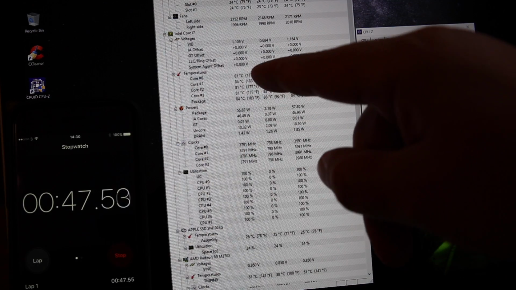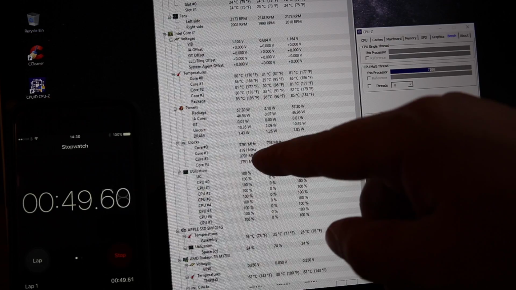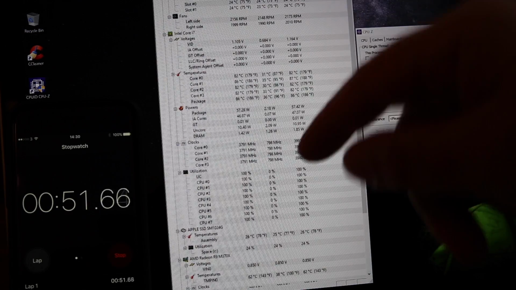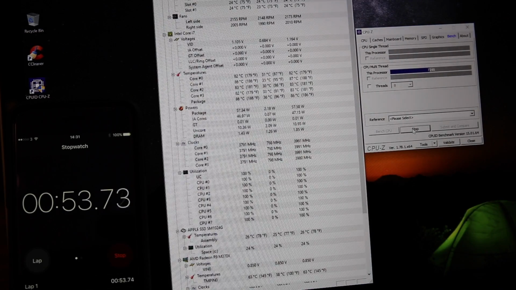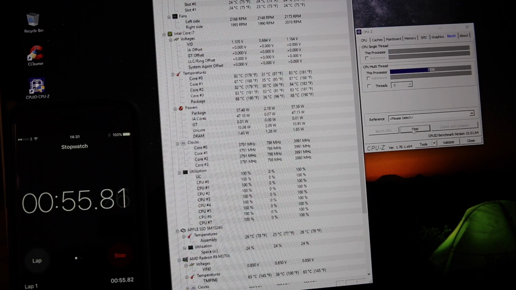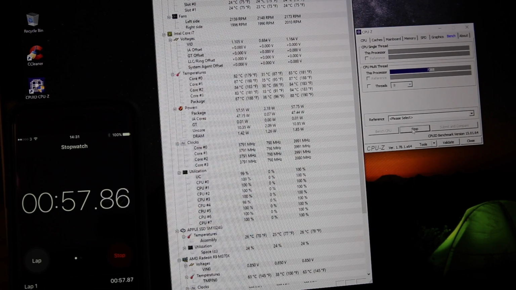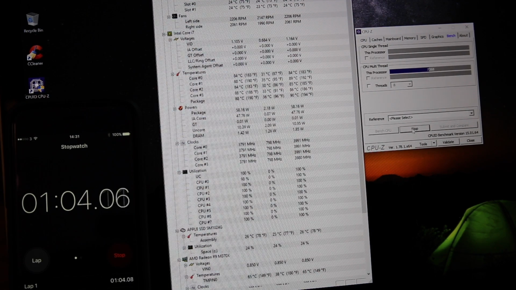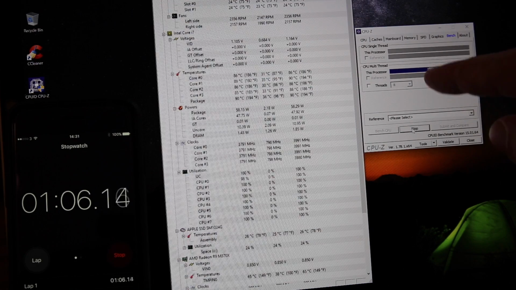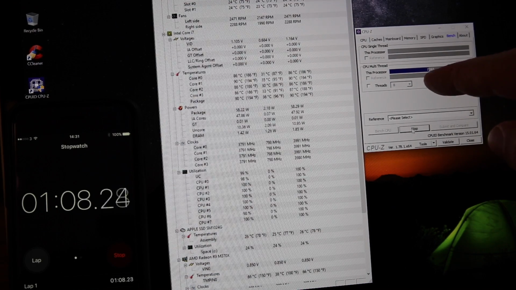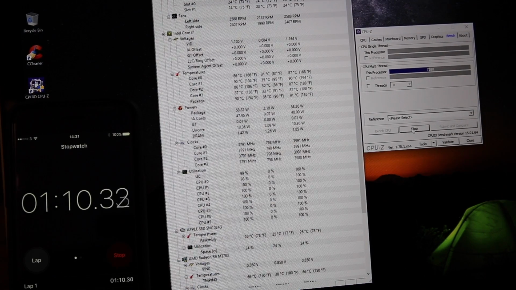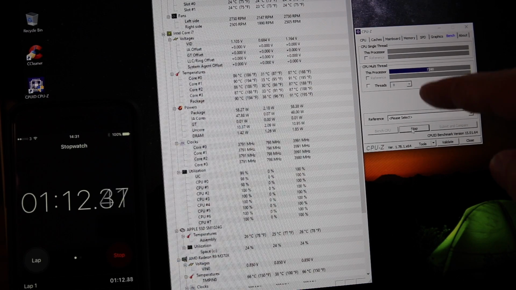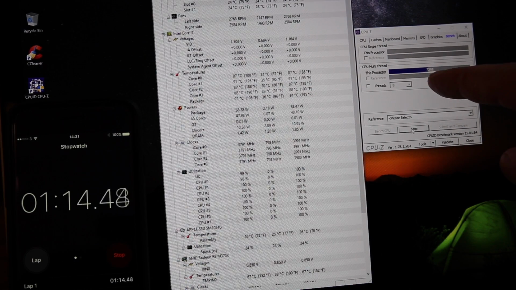So now it's around 80 degrees. The frequency on the processor is still full. So let's check how long it will be. 88 degrees, it goes up quickly, but it's still 7,200. So it's doing well.